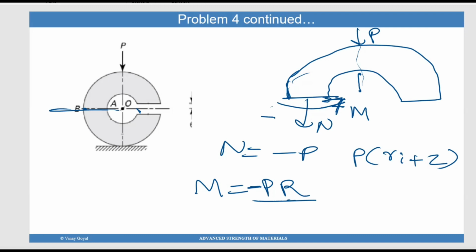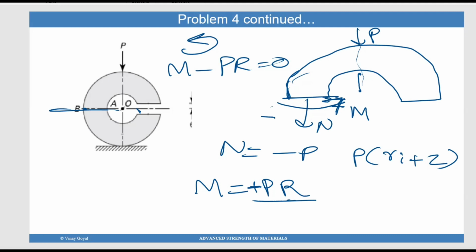If you do a moment balance in this direction, then it's M minus PR equals 0, so this is actually plus PR. If I use this side of M, then it's going to be something like this. So how do you define what the sign of M is for your formula?